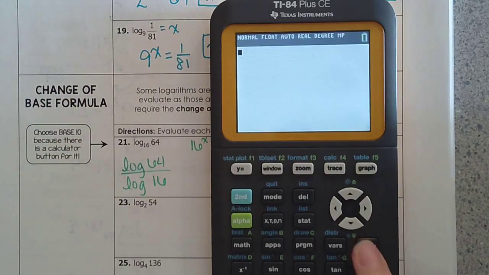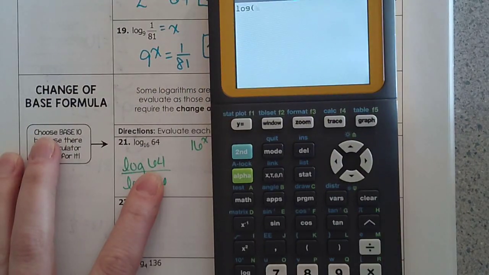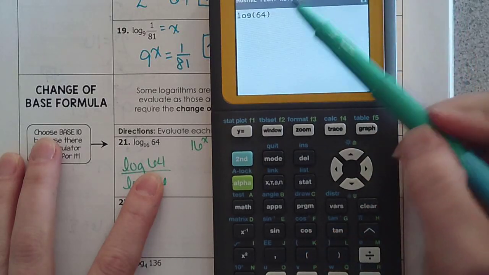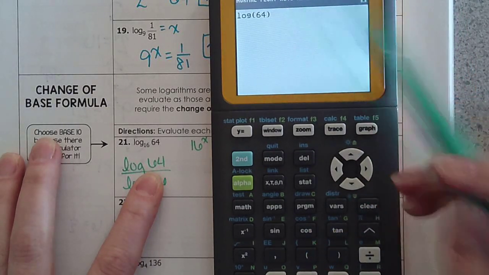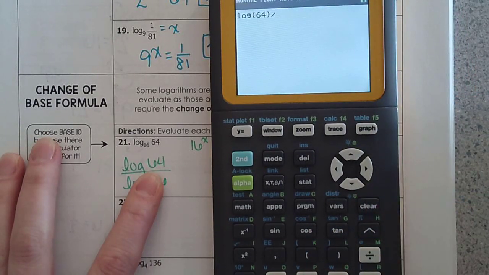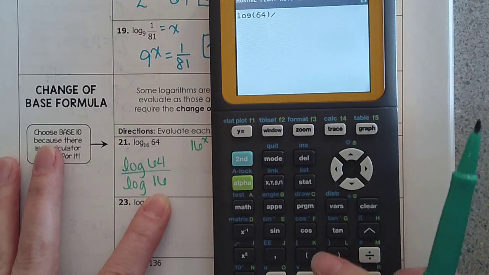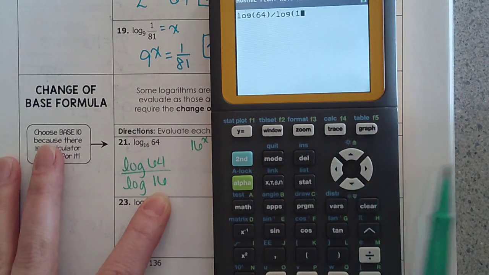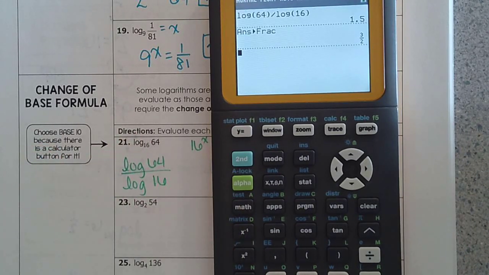I use the log button in my calculator, log 64, and make sure you close your parenthesis right here, and then we do the division button, and then log 16. It will give you the wrong answer if you forget to close that parenthesis, and I hit enter. The square root of 16 cubed.